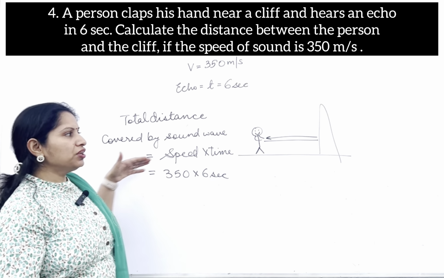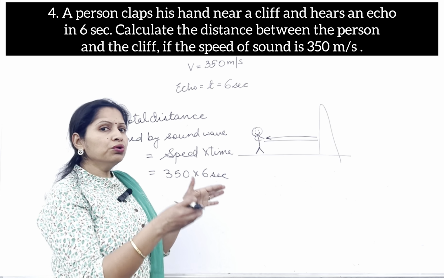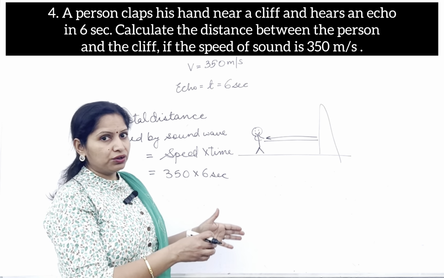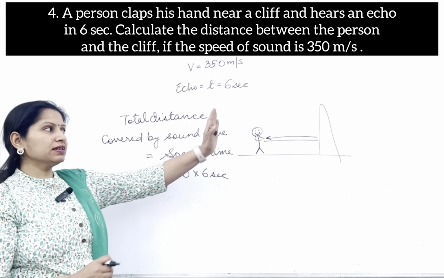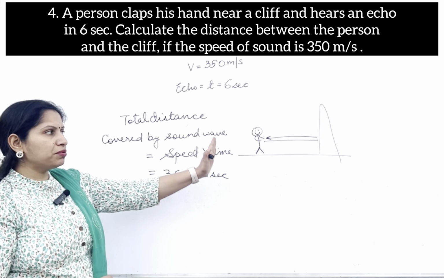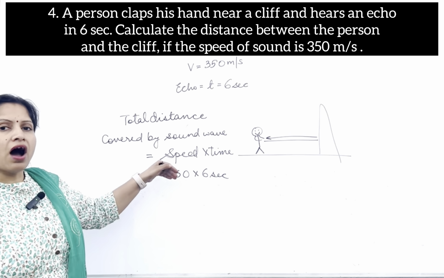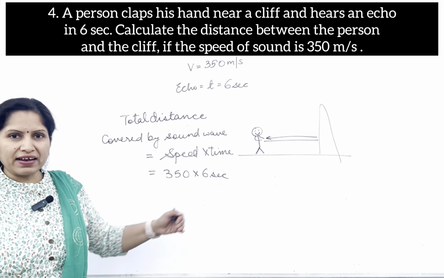इतना distance तो sound ने जाने और आने में दोनों combine करके cover किया. तो distance between the person and the obstruction, distance between the person and the cliff, that would be half of this distance. So let's write down that.